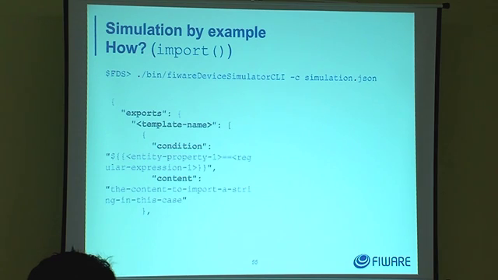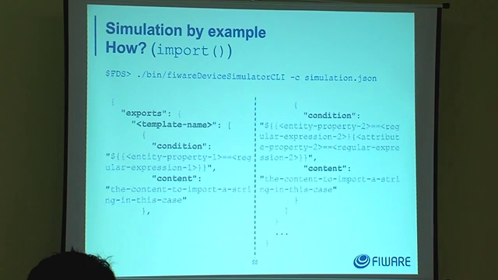We had the need to make it even more complex. This is an example for you to know that it is also possible to decide, based on conditions, regular expression conditions, which content should be used for each concrete template.